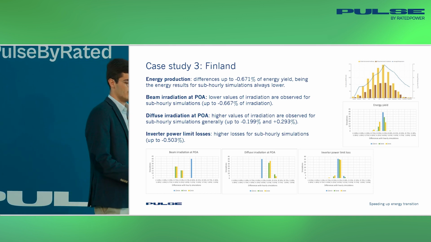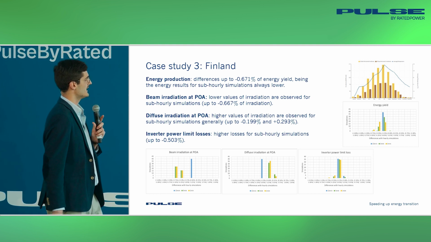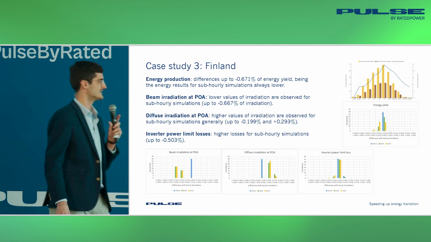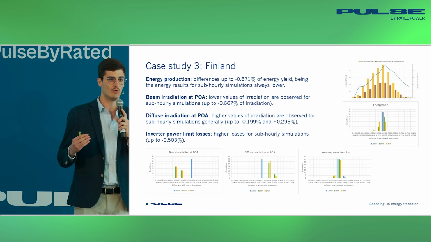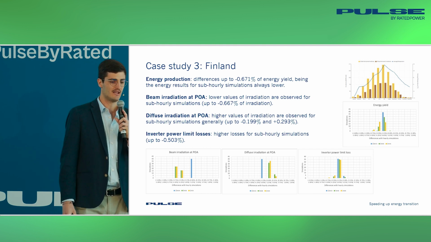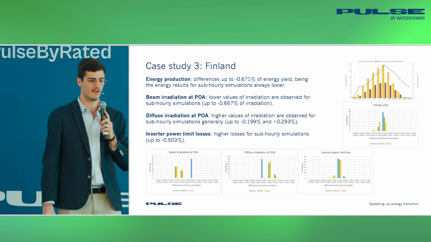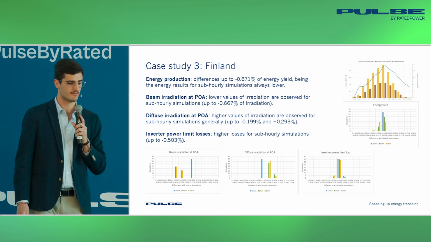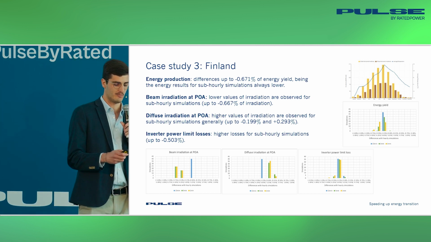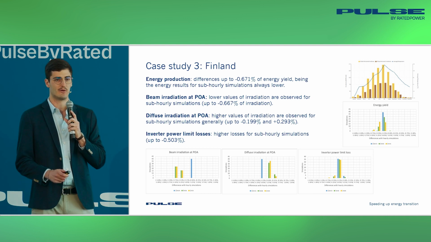And also we can see how for 15-minute simulations, which is the bar in blue in the central graph of the slide, this one will give us lower diffuse irradiance, and how for 1 minute and 5-minute simulations we had a higher diffuse irradiation when being compared to hourly simulations. Finally, as before, for the inverter power limit losses, we always had higher losses for sub-hourly simulations.